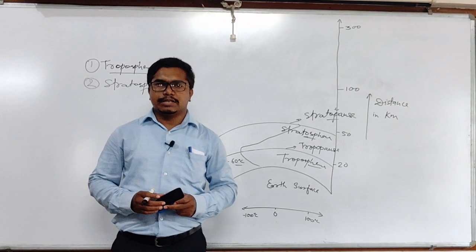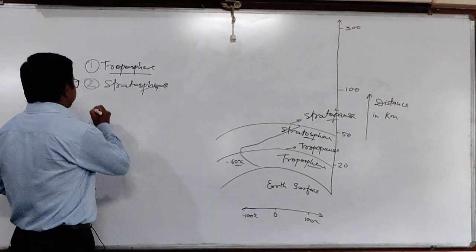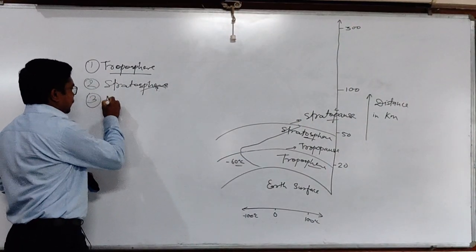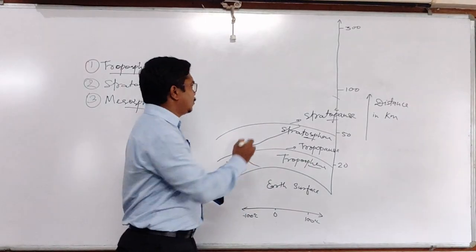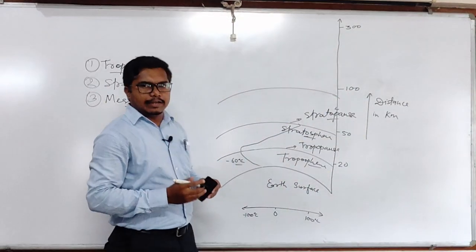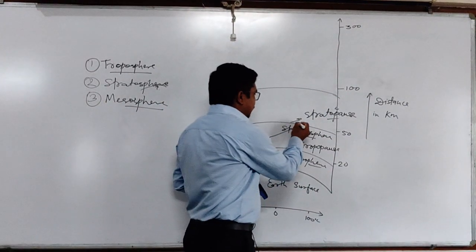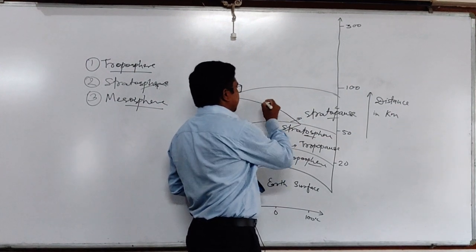The stratosphere is again followed by one more zone which is called mesosphere. This mesosphere extends up to 40 km from the stratosphere and it is represented by a decrease in temperature up to minus 80 degrees Celsius.